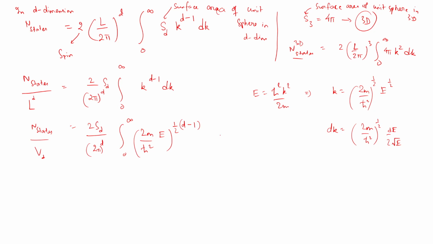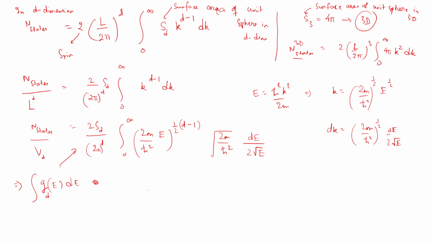Okay, and dk is 2m over h bar square, dE by 2 root E. So this thing is proportional. So number of states per unit volume is nothing but g of E dE. Okay, g of E in d dimension. So I will just write the subscript d, is equal to this quantity.